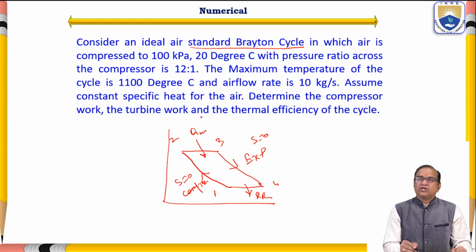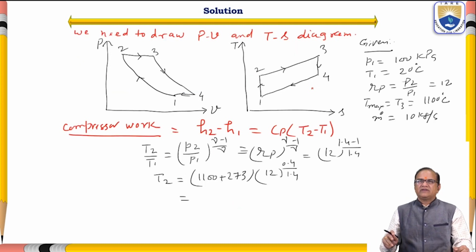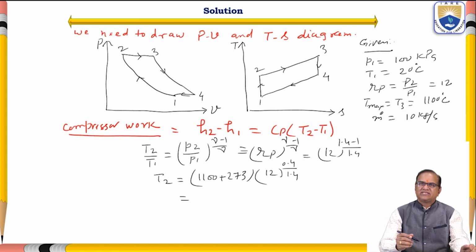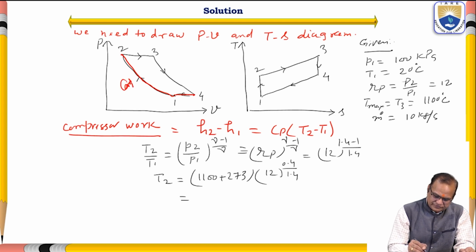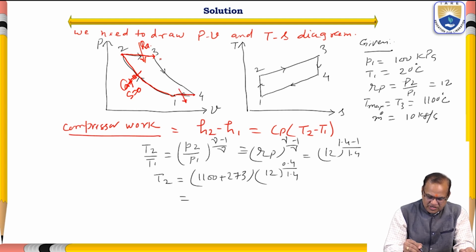Compression ratio is 12:1, and we will be solving this. So first we have to draw the PV and the TS diagram. 1 to 2 is a compression, S is equal to constant. 2 to 3 is a heat addition, Q_A. Then 3 to 4 is expansion, entropy is a constant.